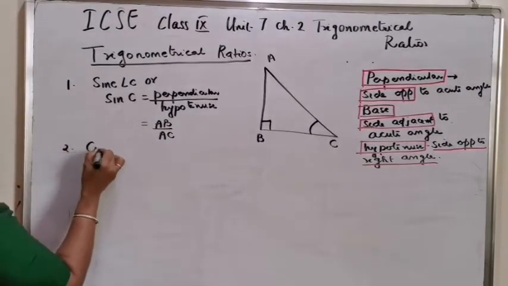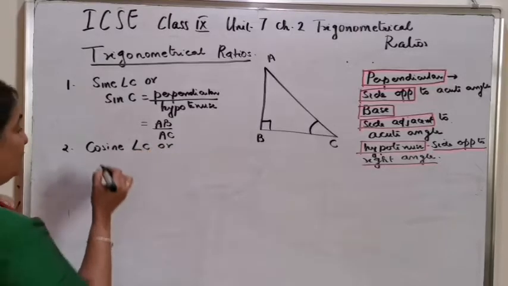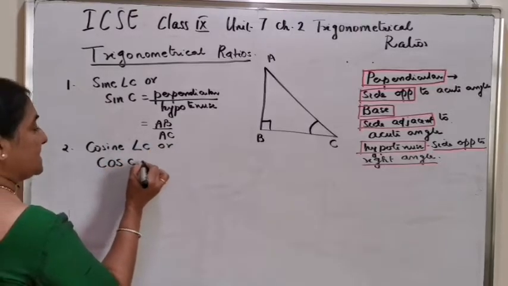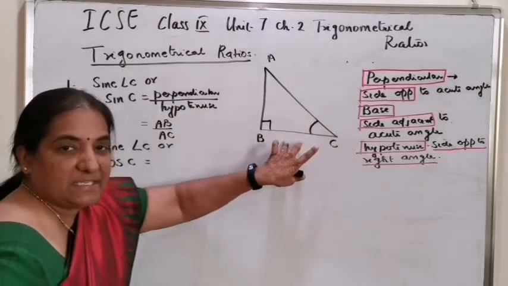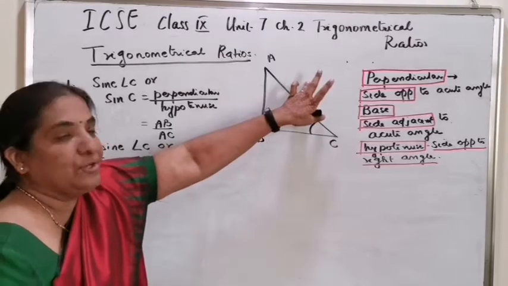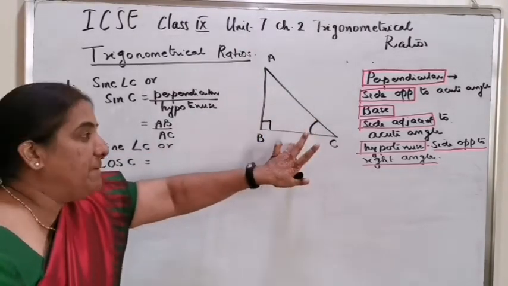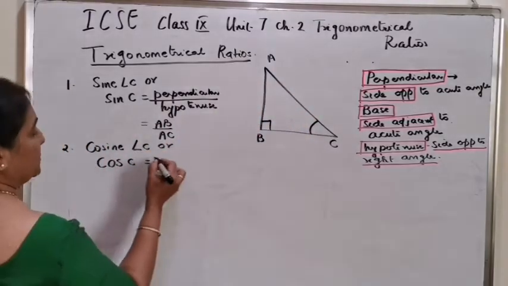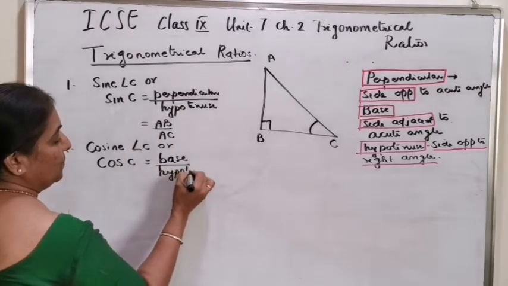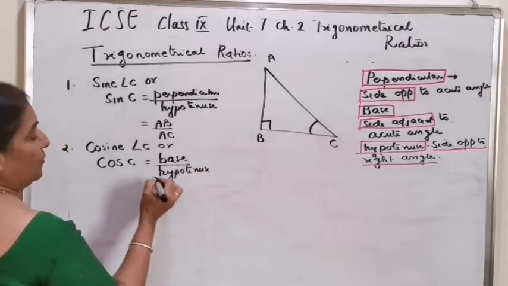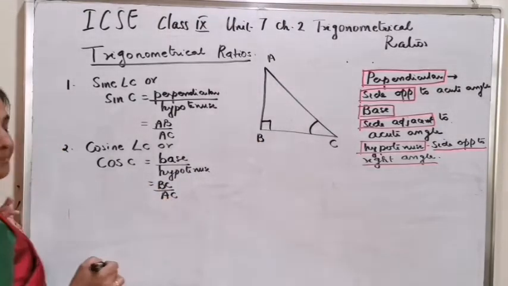The second ratio is cosine angle C, or short form cos C, which is always the side adjacent to it by hypotenuse. And what is the adjacent side named? It is base by hypotenuse, or for angle C the base is BC by AC.